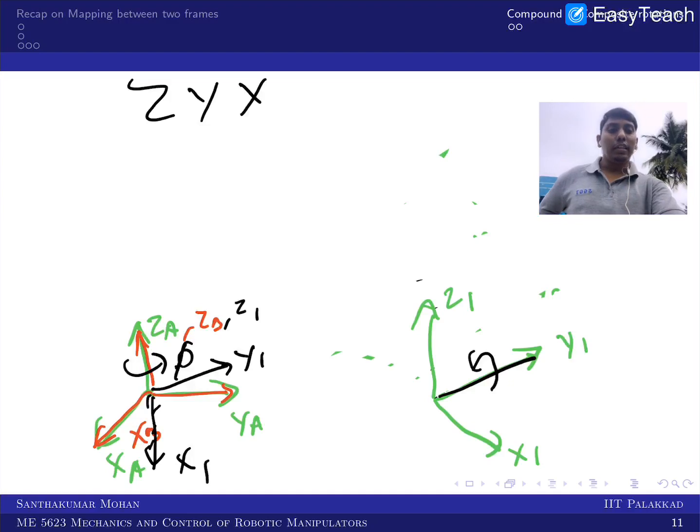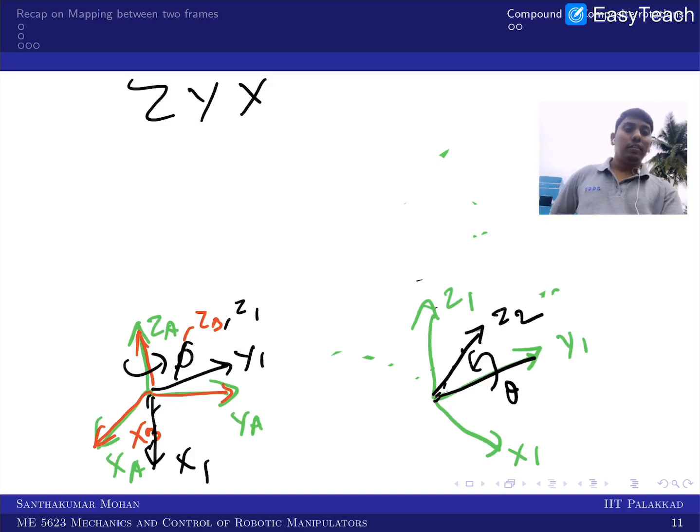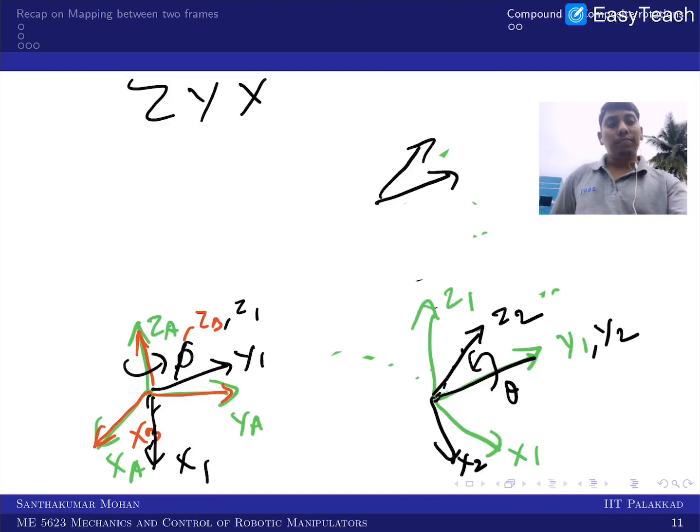So now I am saying that this is the theta angle. So now this is getting into this plane. I assume that this is z2, and you can see this is rotated, right? So this way it is getting it. So this is x2. So now this is y2. So now you can see this is x2 and y2 and z2.